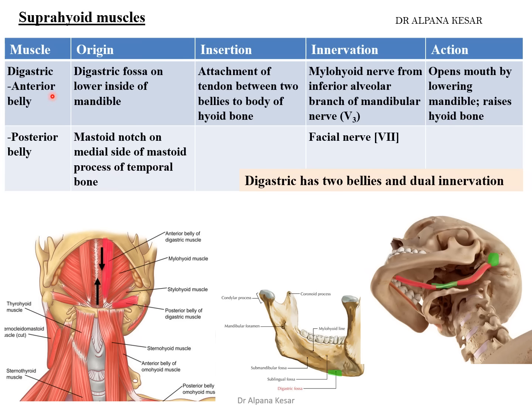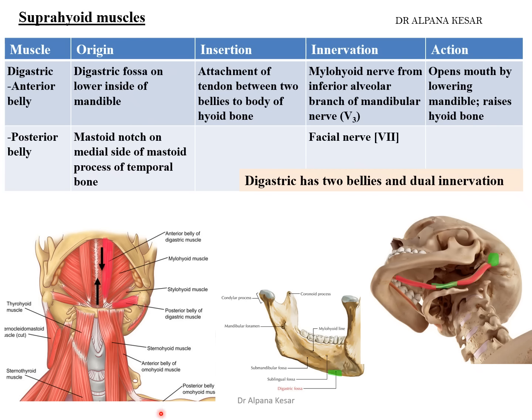Digastric muscle. The word digastric means two bellies. Digastric muscle has two bellies, namely the anterior belly and the posterior belly of digastric. This is the anterior belly of digastric and this is the posterior belly of digastric.